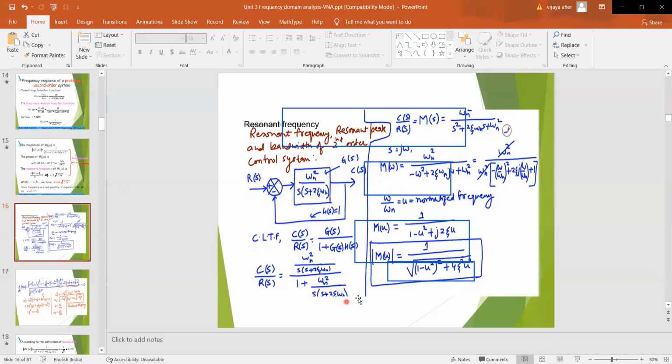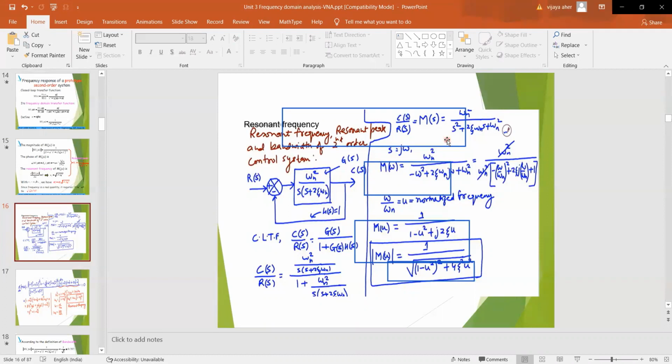What I have done is taken the LCM, multiplied, and this term gets cancelled. So you will get omega n square divided by S square plus 2 zeta omega n S plus omega n square.